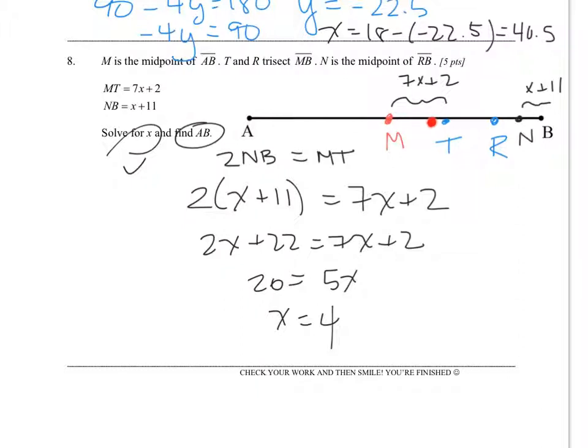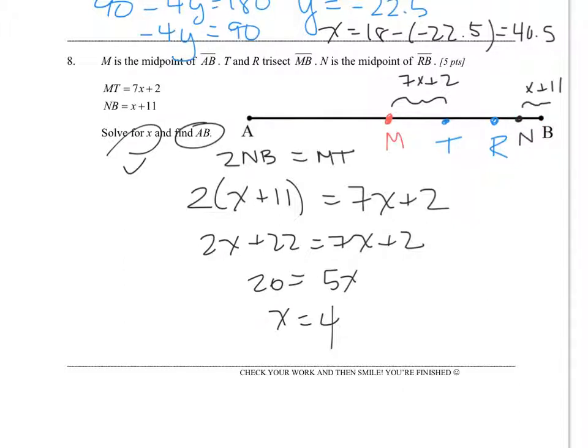MT is a third of half the line, so it's a sixth of the whole line. So we could plug in 4 here and multiply by 6. The other option would be to plug in 4 to x plus 11 and multiply by 12, because there's 12 of these little guys in the entire line.